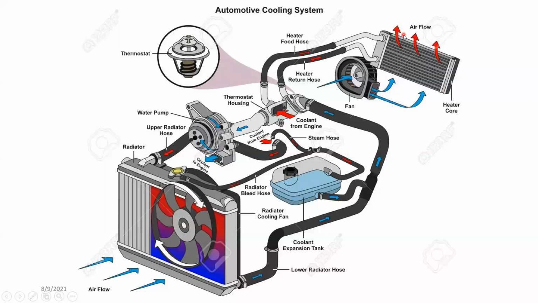The heater core is again a sort of radiator, but smaller in dimensions and capacity. The airflow traveling through it absorbs the heat, which is transferred to us, the passengers inside. So this system is used in this.